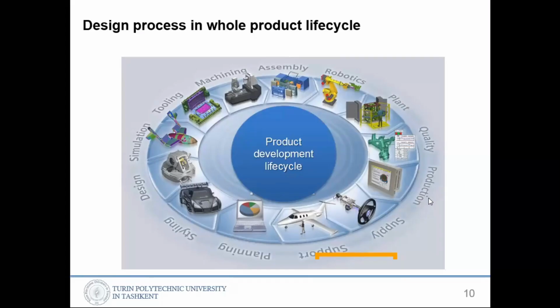Some of you might go to supply and sell the cars, some might be machining engineers, some might go to the assembly shop floor. So from now on, you have to prepare yourself for where you are going, in each of these stages.